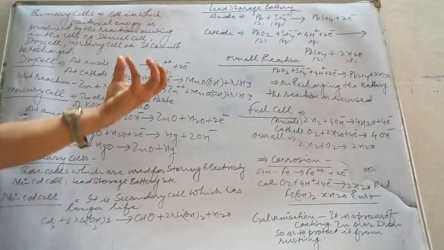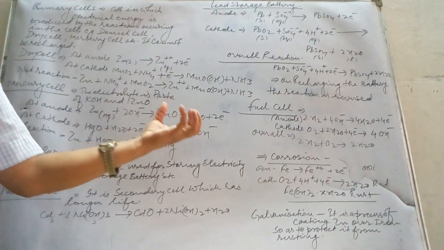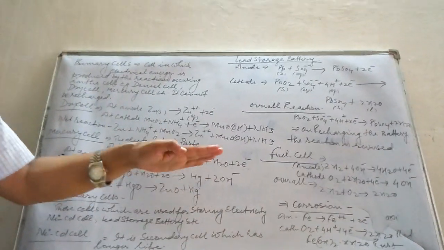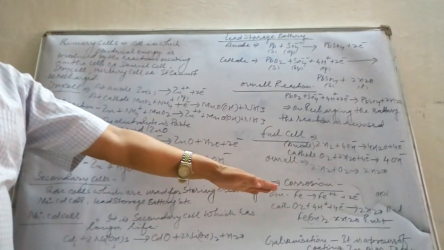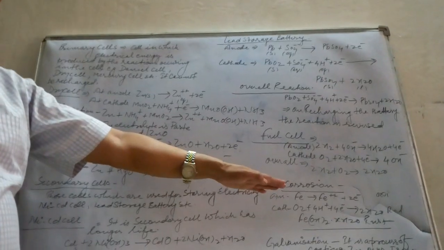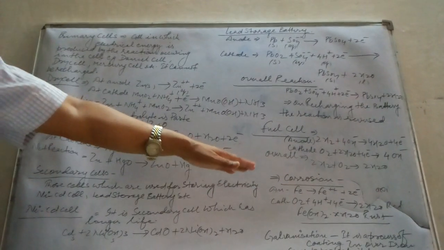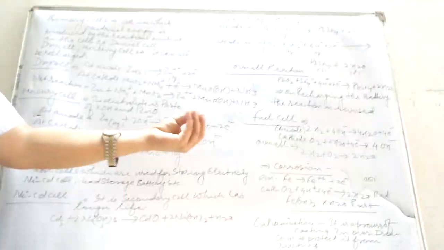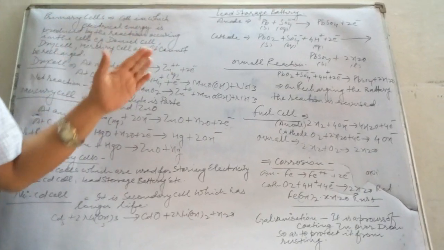Ultimately the rust after the electrochemical process, which is called rust after corrosion, has the overall formula Fe(OH)2 into xH2O. This is called hydrated ferrous hydroxide. This is a brown powder, this is rust, and this decays the iron metal.